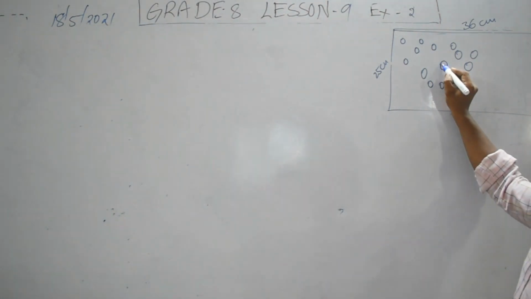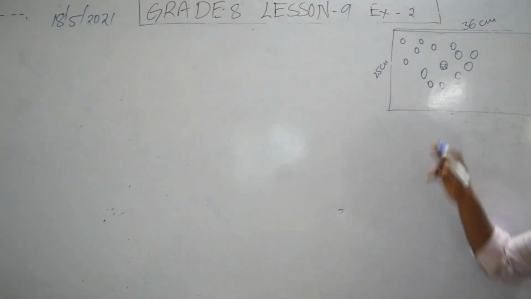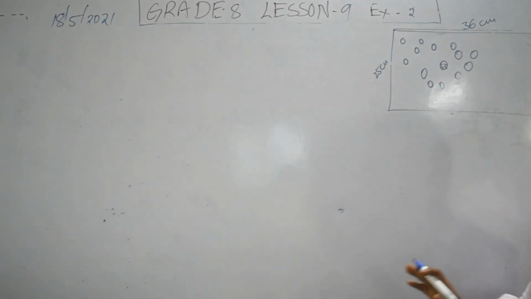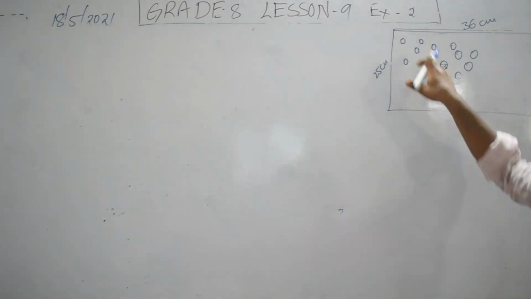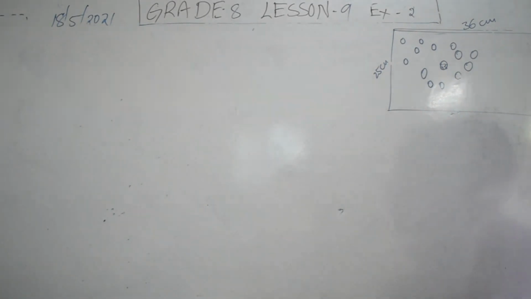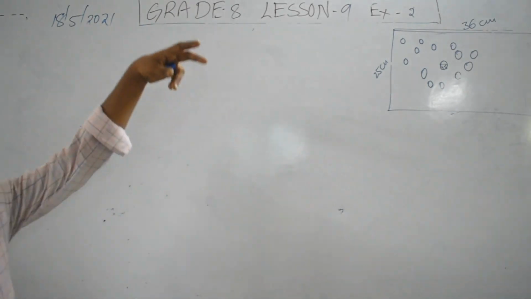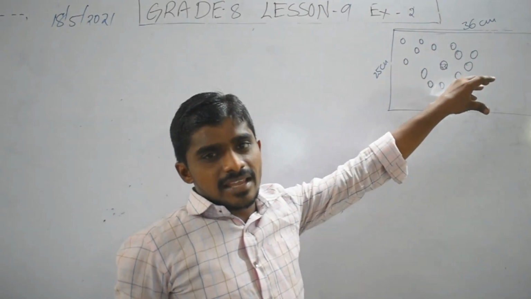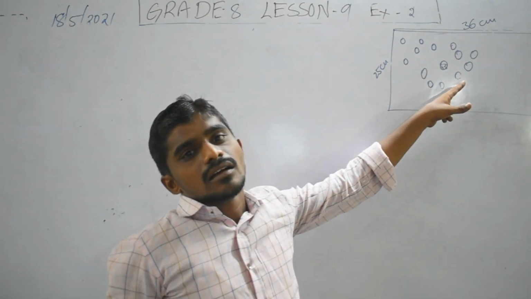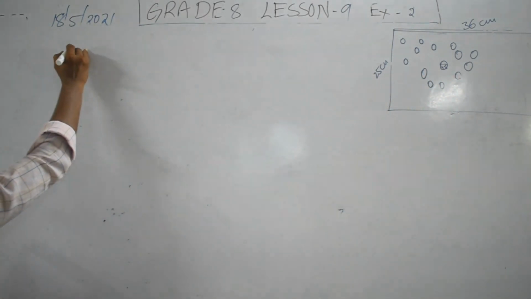Each button has diameter 3.5 centimeters. So first, the area of the total rectangular sheet. Then the area of each button, and total 56 buttons. The area of the 56 buttons subtracted from the sheet area is the area of the remaining space. That is the first problem.